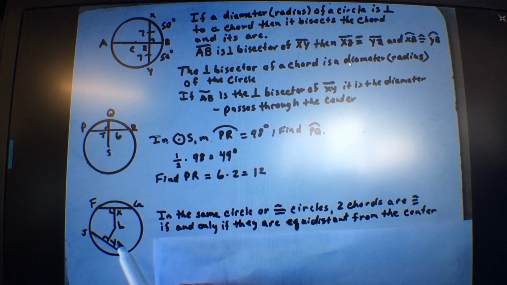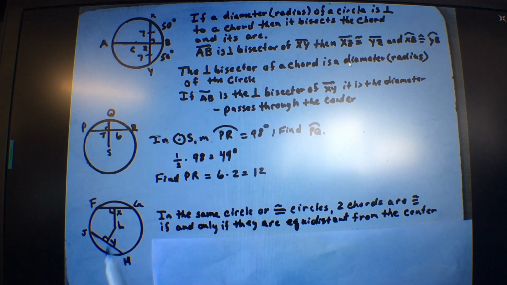What does that mean? It means that if LX, this distance from here to here, is the same as LY, and it has to be a perpendicular distance, if this is equal to this, then these two chords must be equal. Likewise, if these two chords are equal, then the perpendicular distance from this chord, JH, to L, and this perpendicular distance from FG to L are the same.